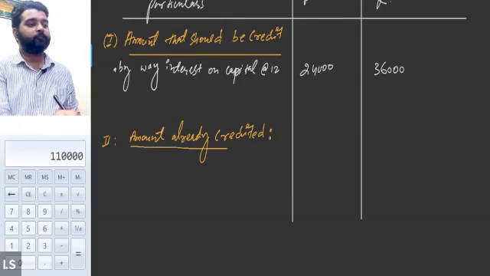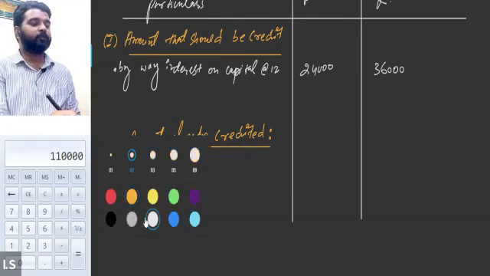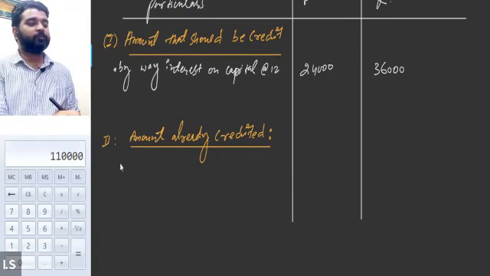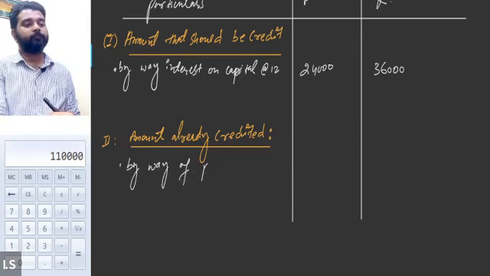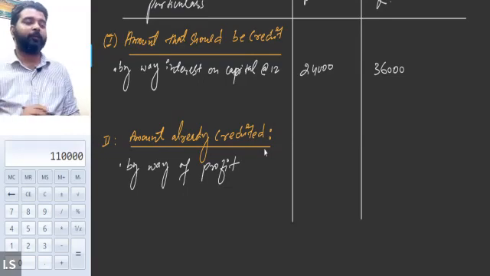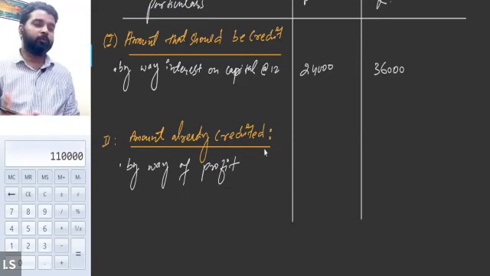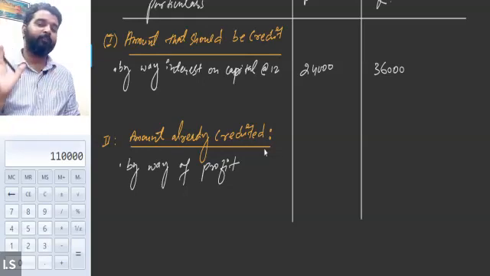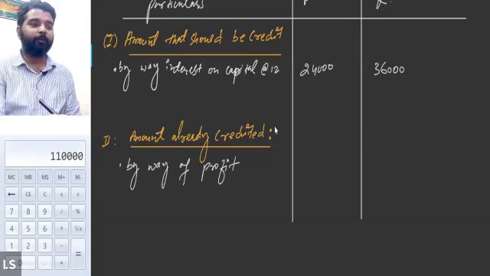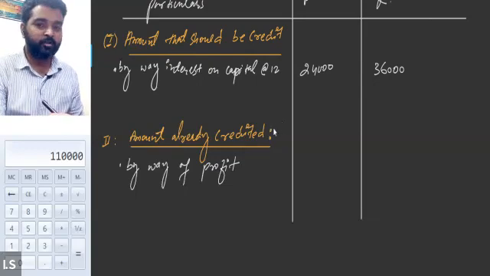We must have credited the entire amount by way of profit. Am I right? Because we haven't subtracted the interest on capital. That means the entire amount must have been taken as profit and divided among the partners by way of profit.